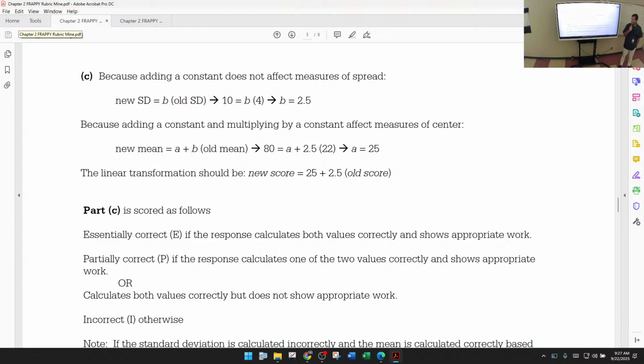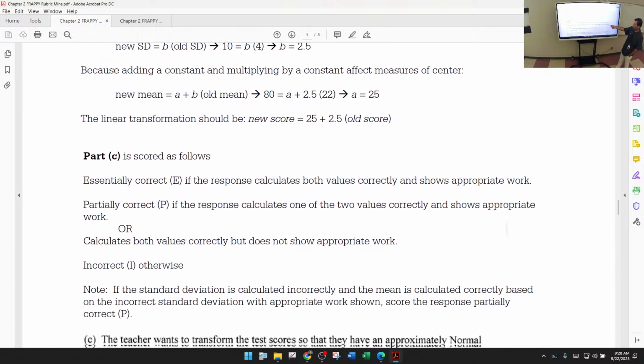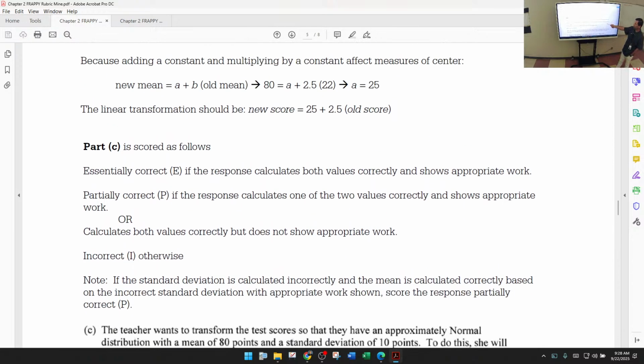So the mean is just... Why do you have to have it? I don't get why the new mean would be calculated like that. Why wouldn't it be the same exact thing?